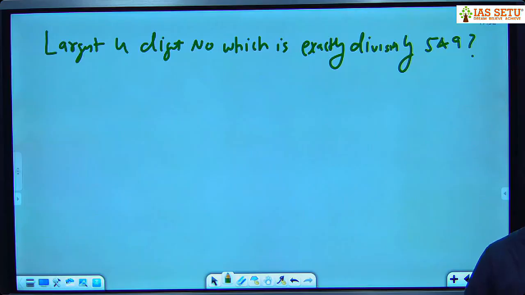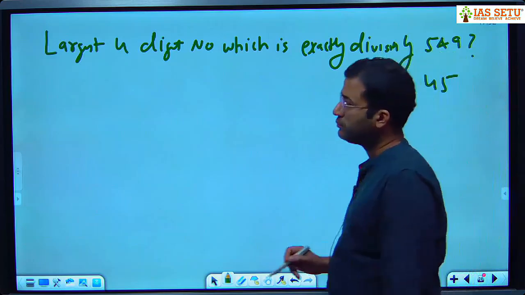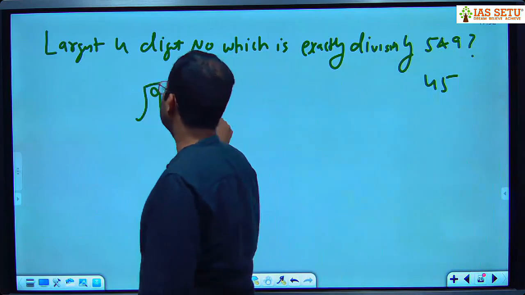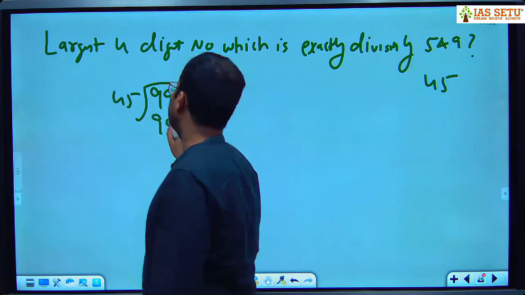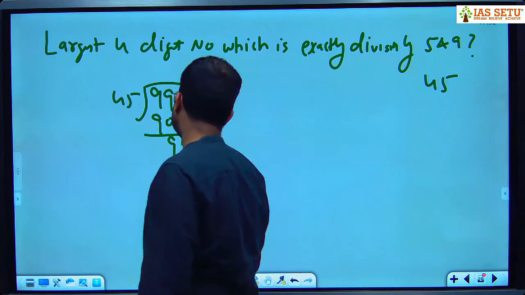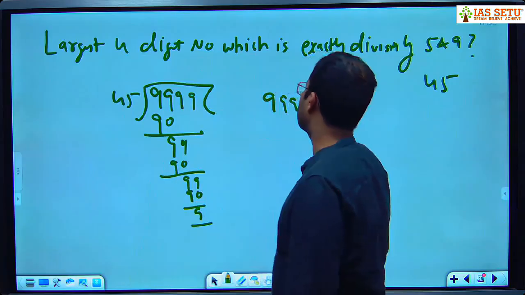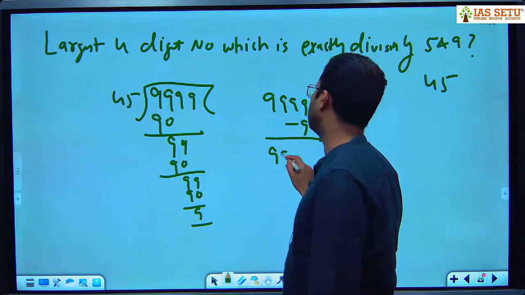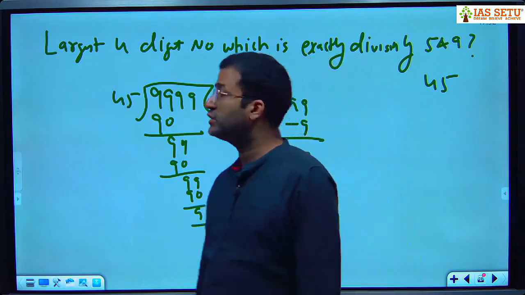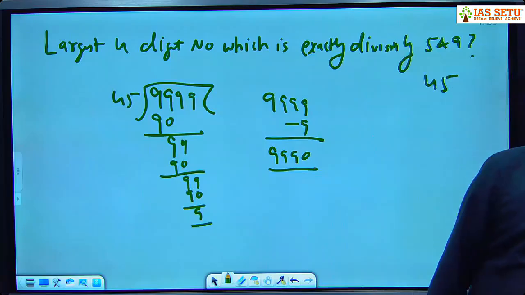Okay, so what is the LCM of 5 and 9? 45. So this is 9999. We try to divide it by 45. 90, this is 9990. Remainder 9. So here 9999 minus 9 is 9990. So the largest 4-digit number which is exactly divisible by 5 and 9 is 9990.